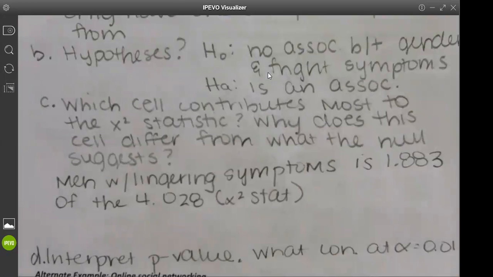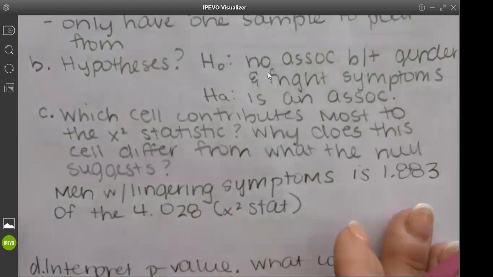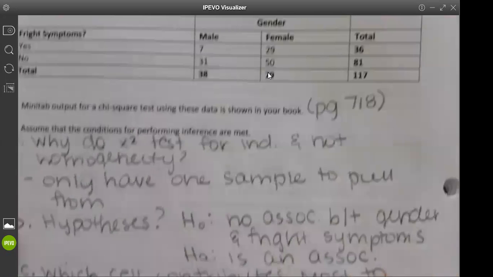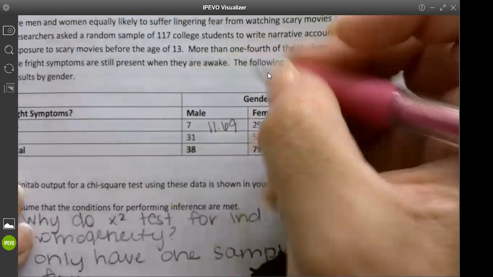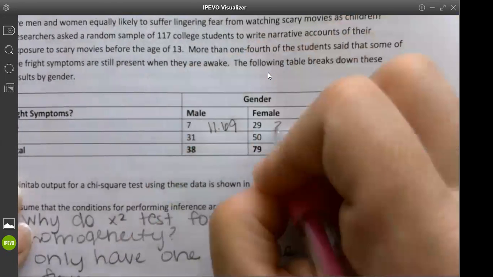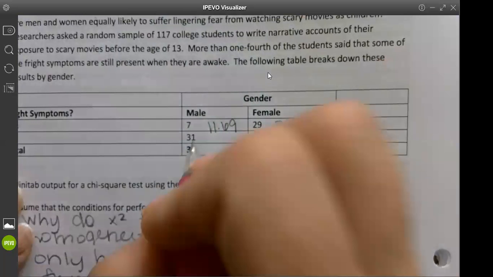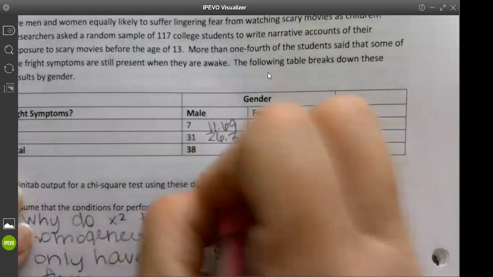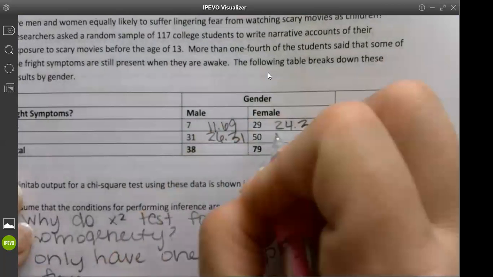All right, so just to throw these numbers up there, because for the next one, it says, why does the cell differ from what the null suggests? We're going to throw these numbers up here: 11.69, 24.31, 26.31, and 54.69. These are all your expected counts from the other values.